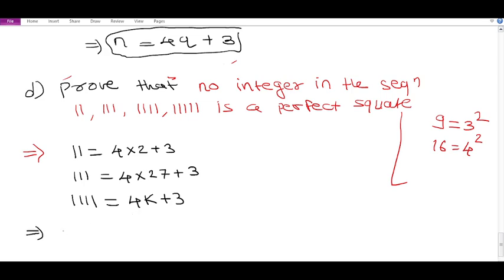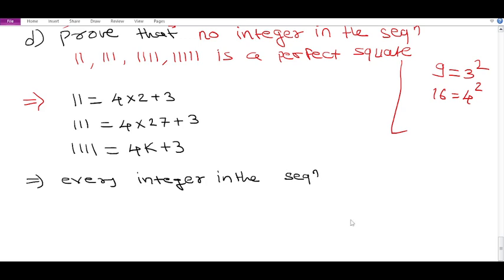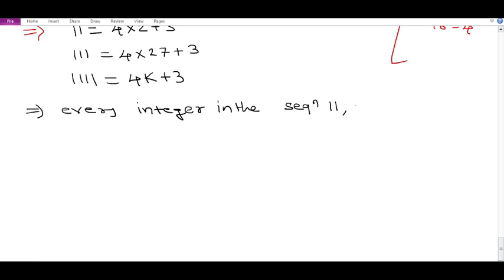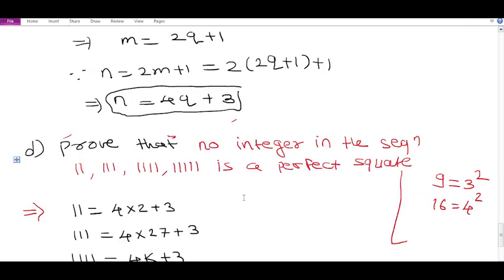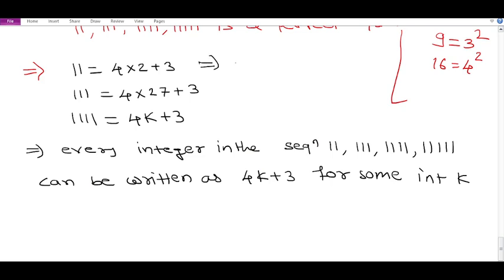So every integer in the given sequence can be written as 4k plus 3 for some integer k. Here k is 2, here k is 27, like this.